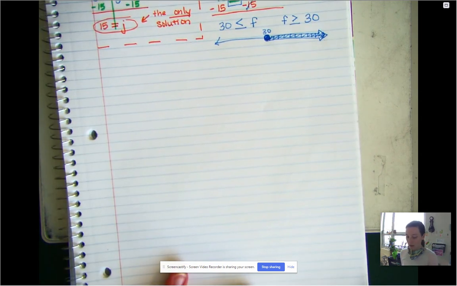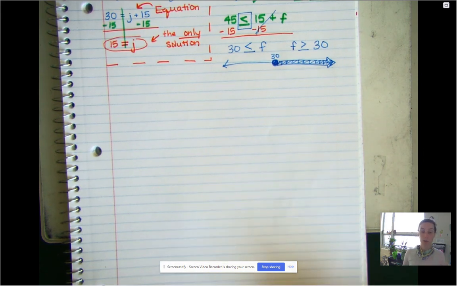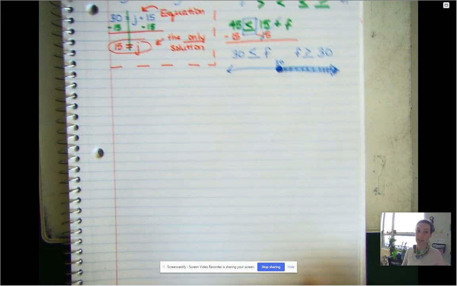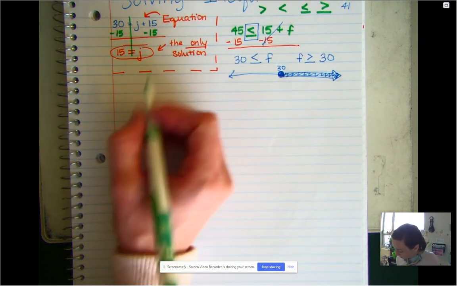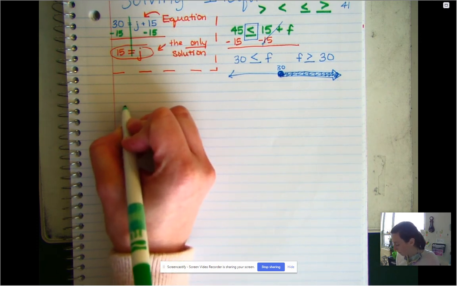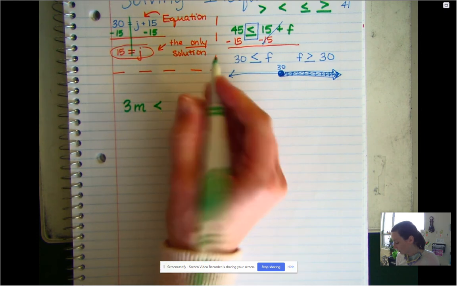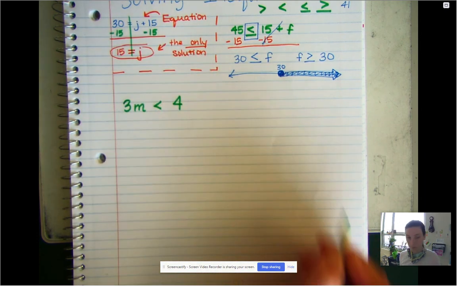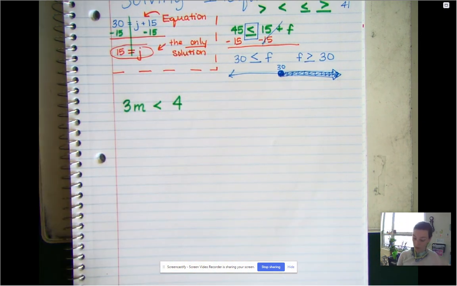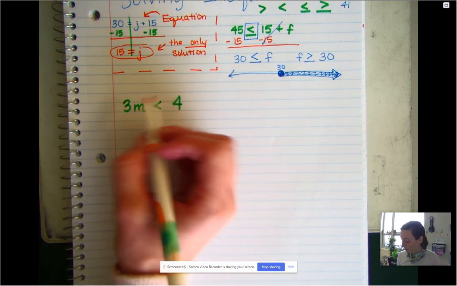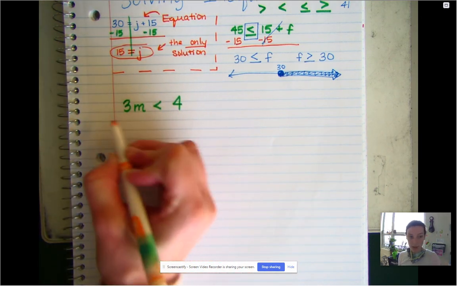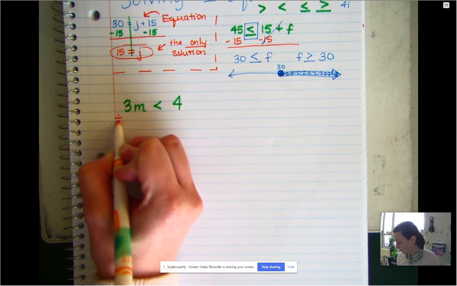Okay? It works the same way, whether we are adding, subtracting, dividing, whether it was greater than, less than, whatever. So if we had the problem 3m is less than 4, it's not going to work out evenly, but that's okay. Inverse of multiplication is division.